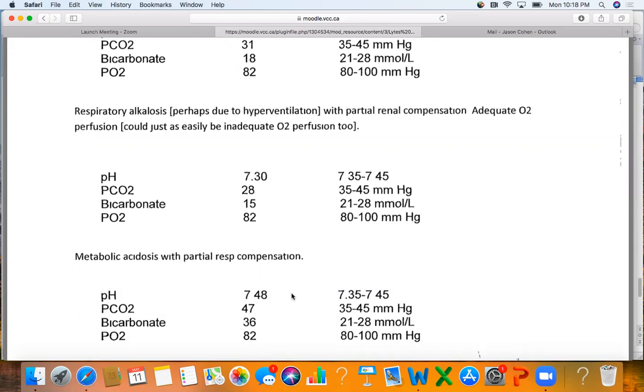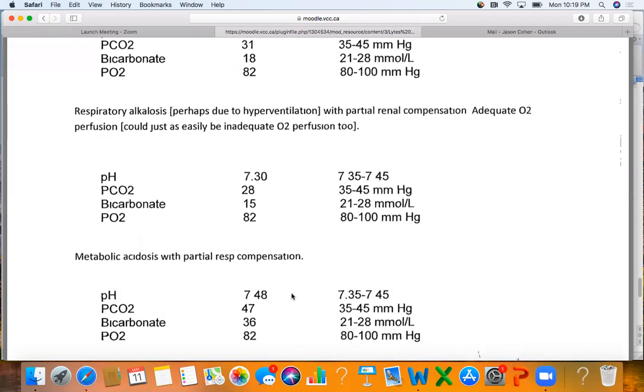Okay, last one here. 7.48, what are we looking at here? Well, that's a bit high, so that is basic. CO2, 47, that's a bit high. CO2, that makes it acidic. And the bicarb is 36, that's a bit high. That's pushing us towards a more alkaline or basic way.